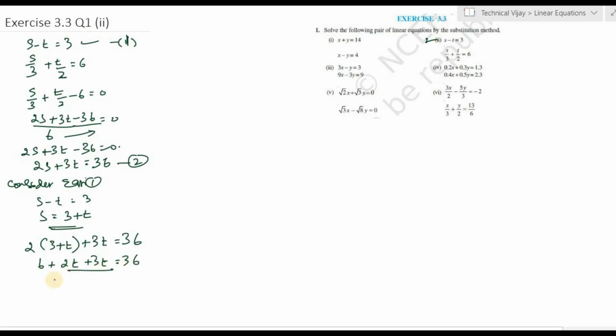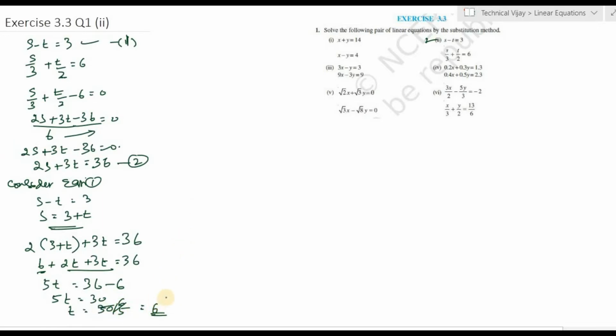Here 3t plus 2t is equal to 5t. So 5t is equal to 36 minus 6, so 5t is equal to 30. So t is equal to 30 divided by 5. So t is equal to 6. So we got the t value.